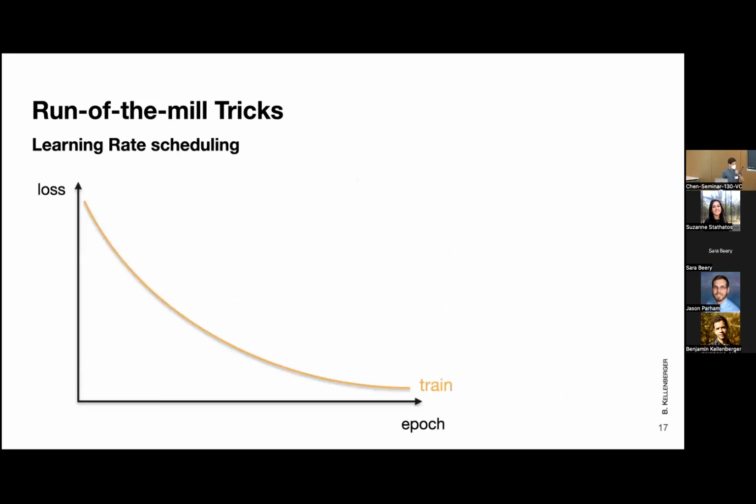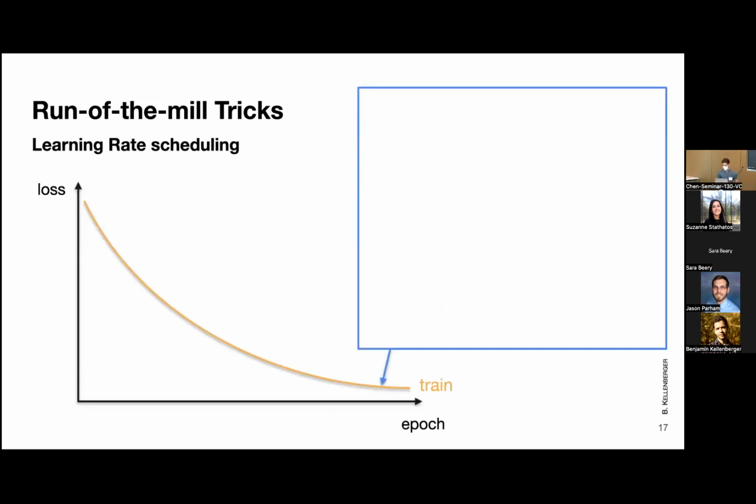Next, learning rate scheduling. So basically, once you start training, at some point, let's say there, the model will have learned the basics of your data set, and it will start to focus on very subtle details in its quest to always minimize the loss as much as possible.